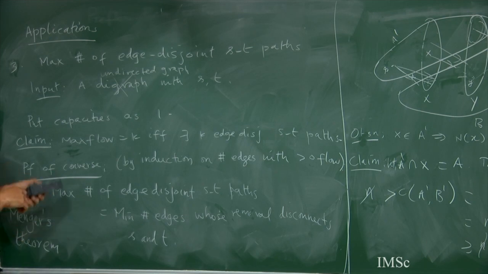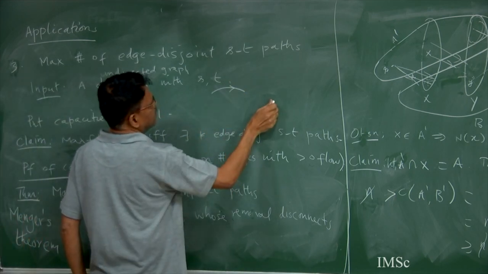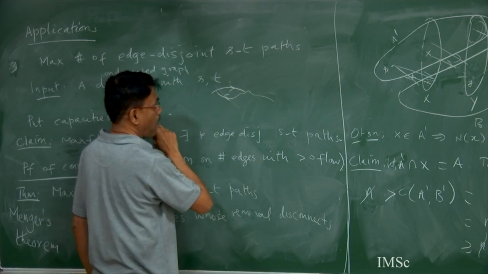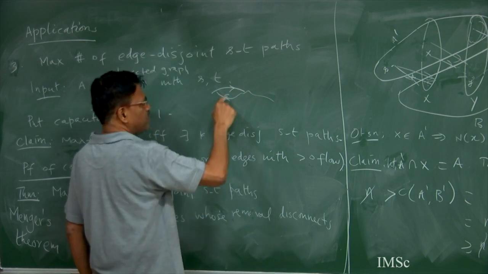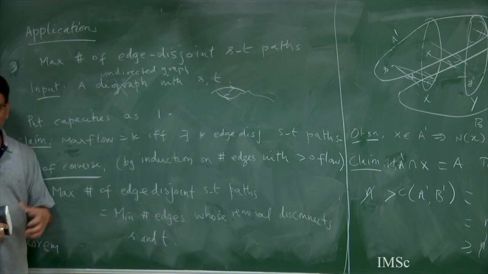You can apply this induction basically, but what could happen is that these paths are edge disjoint in the directed sense, but in the undirected sense they may not be, because one directed path may use this edge in one direction, another directed path may use it in the other direction, but in the undirected sense it's the same edge. But when would this happen?